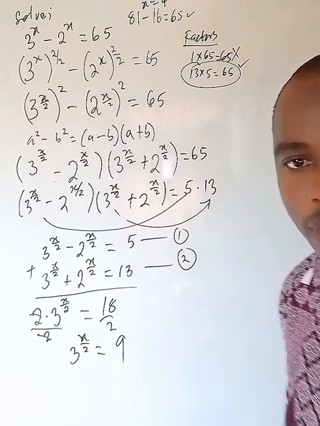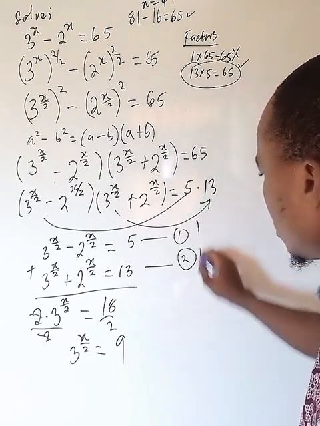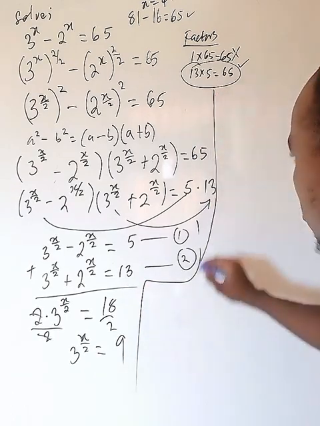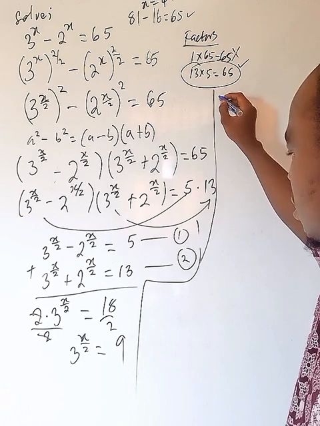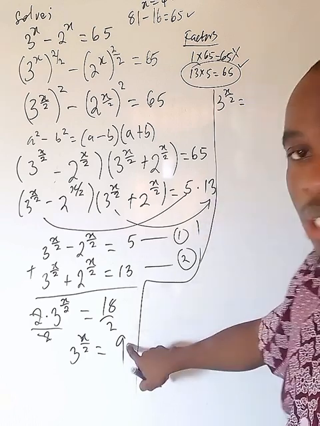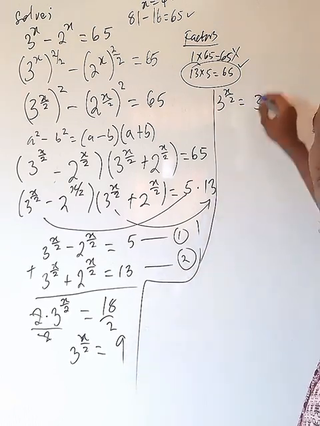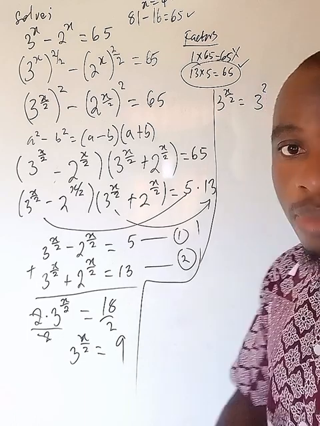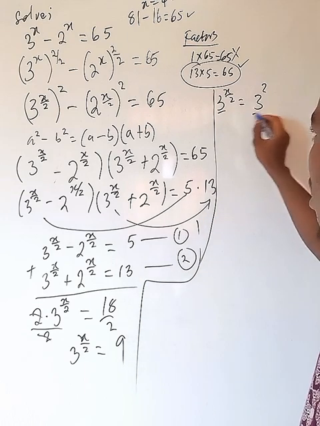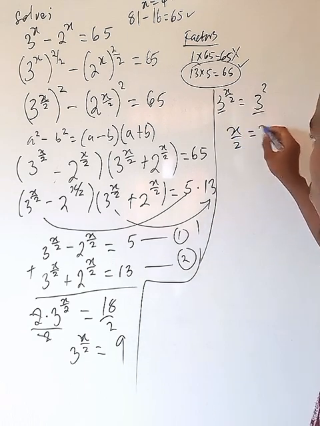So you can see that 3 to the power of x over 2 equals 9. This 9 can be written as 3 to the power of 2, because 3 to the power of 2 is going to give us 9. Since we have the same bases, we have x over 2 equals 2.